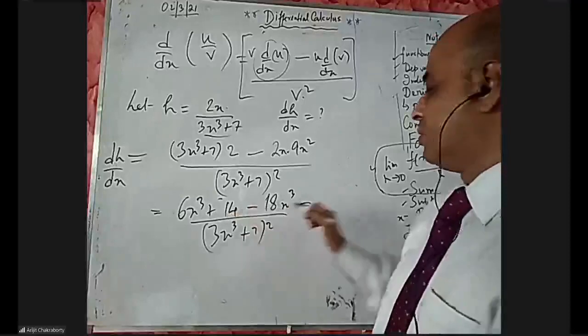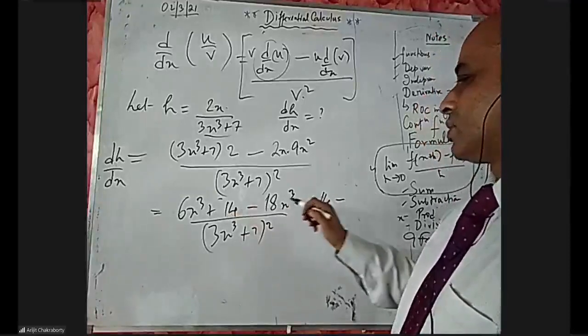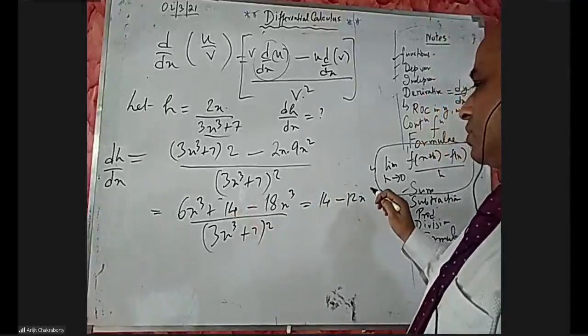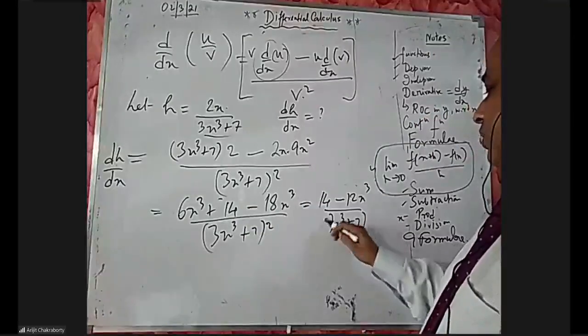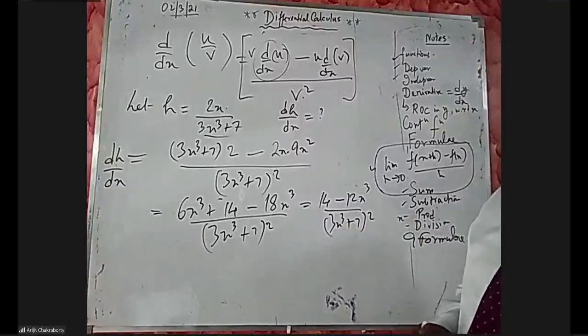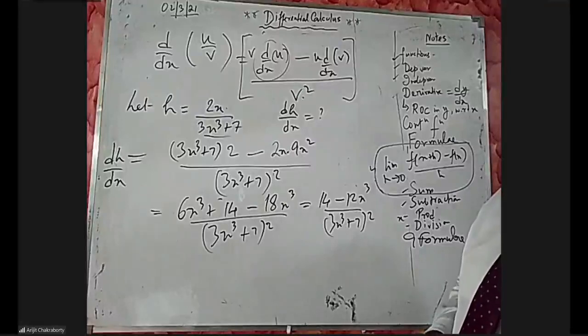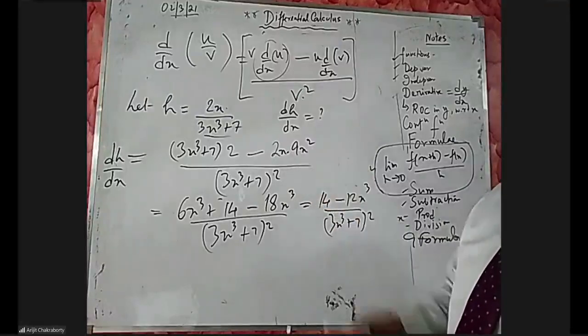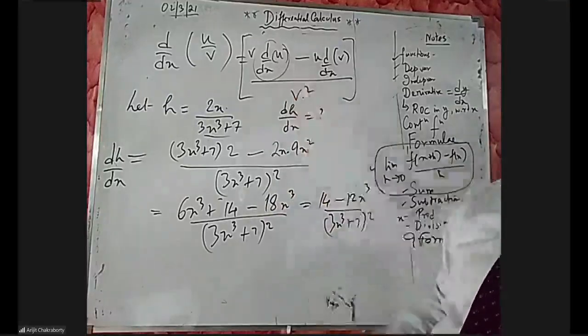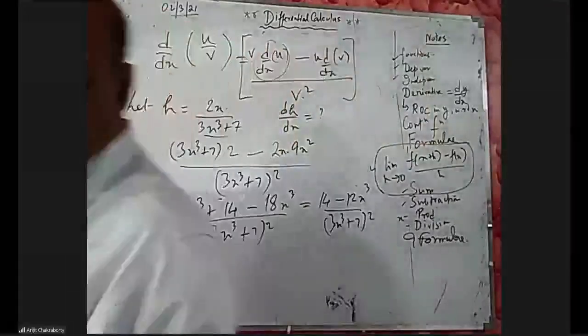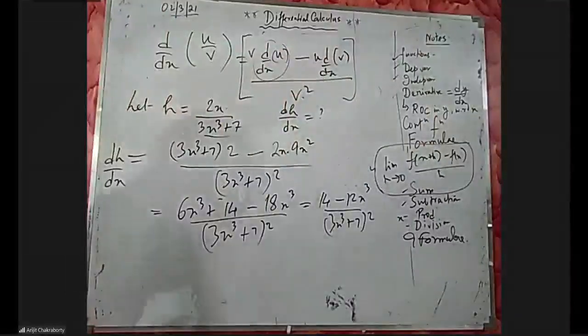So I'm getting 14 minus 12x cube by 3x cube plus 7 whole square. Right? So it is 3x cube plus 7 into 2, minus 2x into 9x square, divided by this whole. This is the direct application of the division rule. Just have a look at the solution once again.